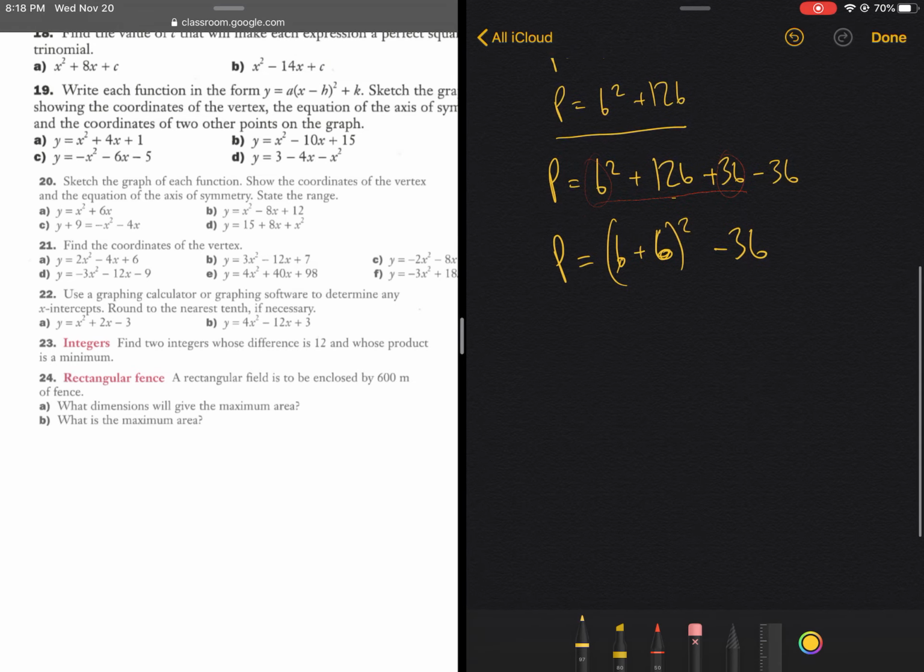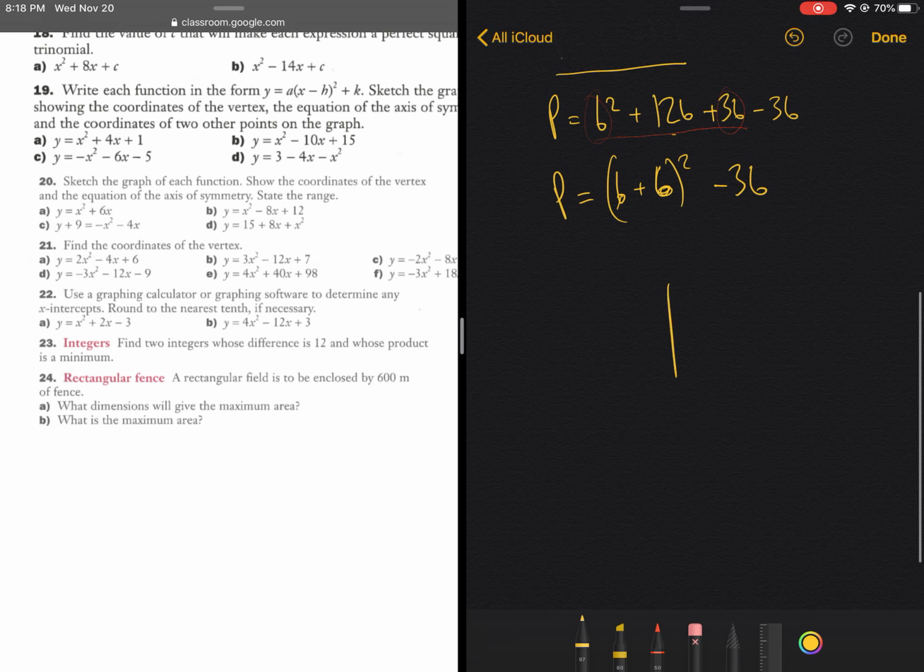So what does that mean? That means I have a parabola that's 6 units in this direction and 36 units down, and it just opens up normally. Okay, so what does it say? It says find two integers.